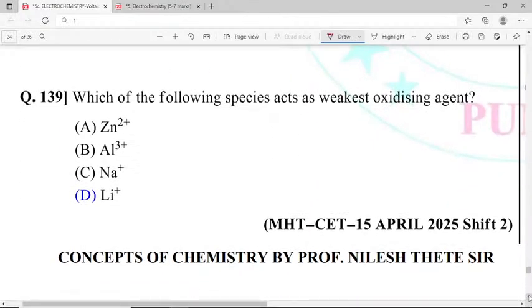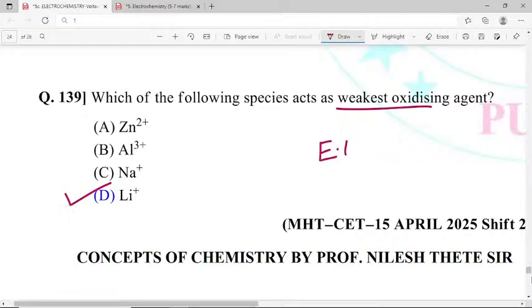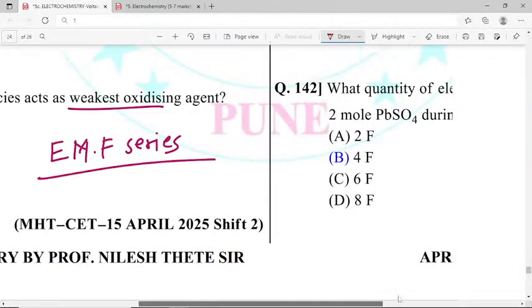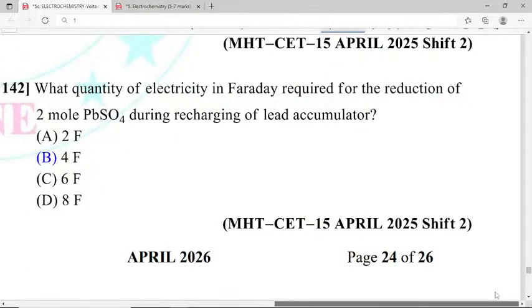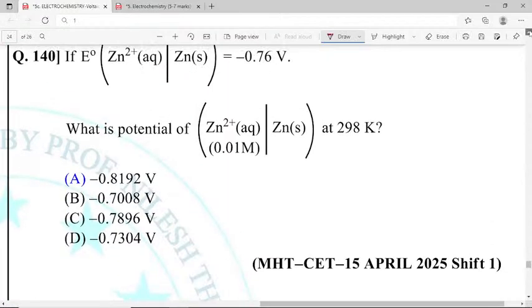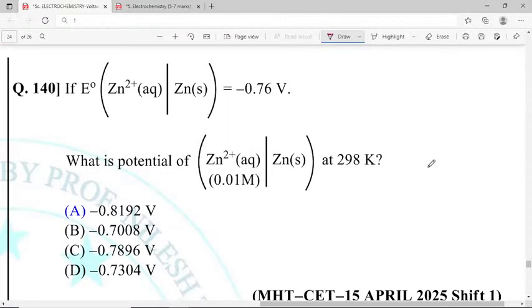Which of the following species acts as the weakest oxidizing agent? Lithium, from the EMF series. Next, use the Nernst equation.